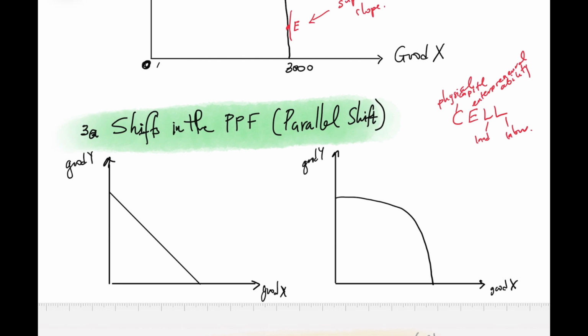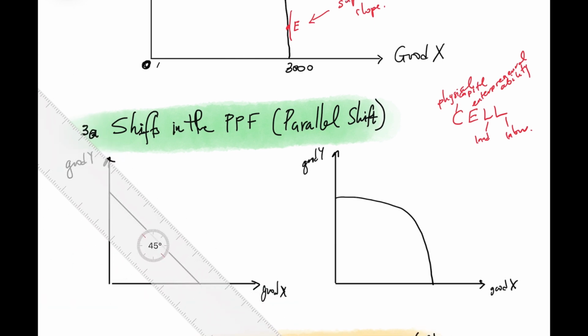Now, if our PPF, the frontier, is going to shift outward, then probably that means that our technology got better, or that our labor became more educated, or we have some improvements in our physical capital. Do you see where I'm going with this? Okay, so let's see a shift in the PPF outward.